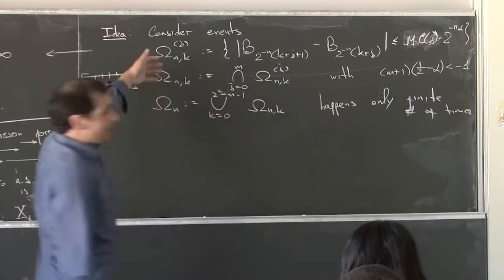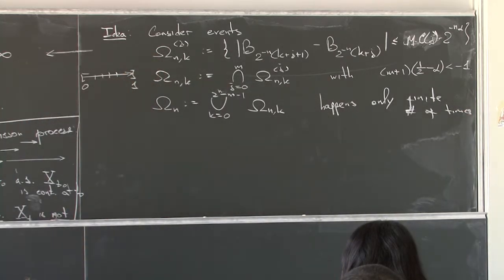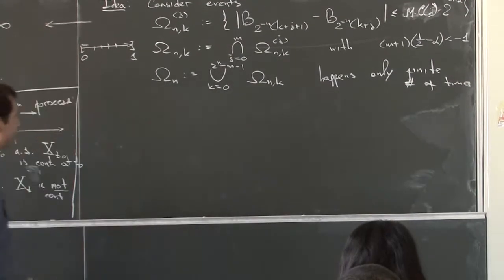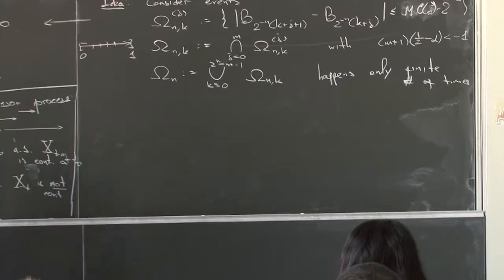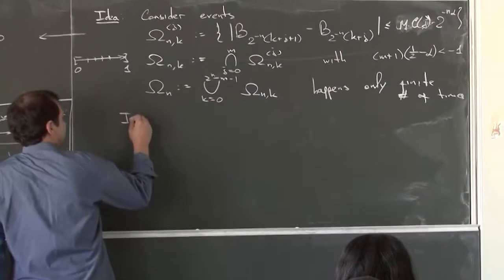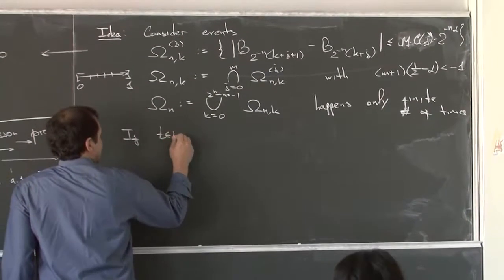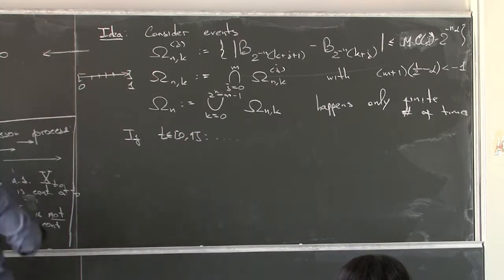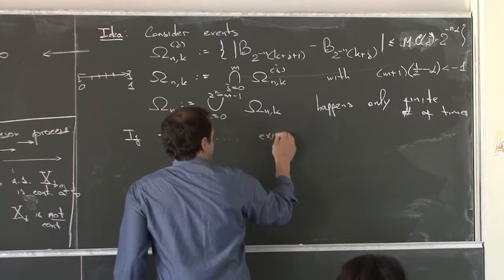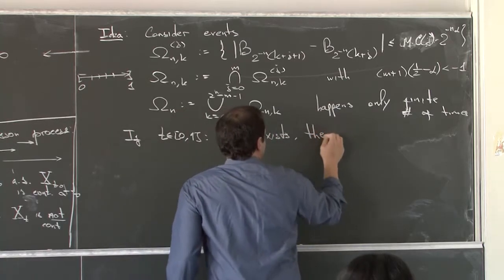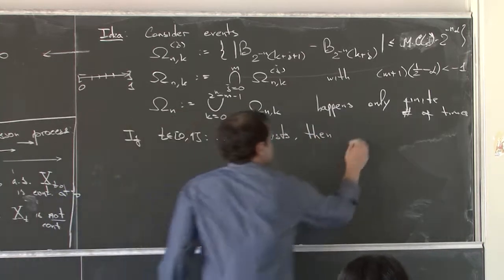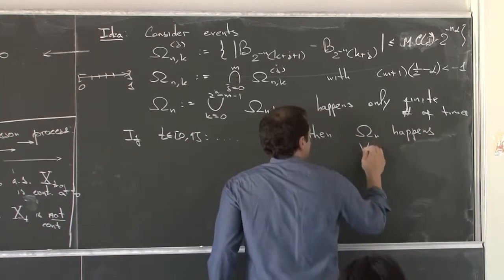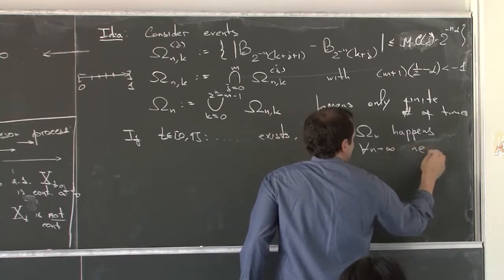So in particular, it cannot happen for all the n's increasing to infinity. And at the same time, we know that if a good t, I mean, satisfying this condition exists, then, okay, this happens for all n tending to infinity near t.